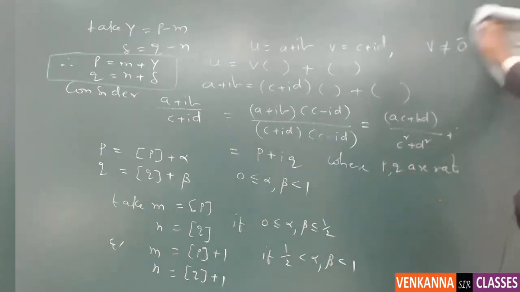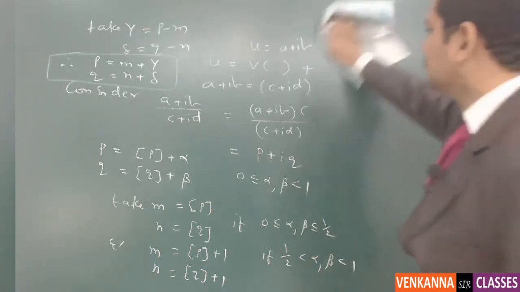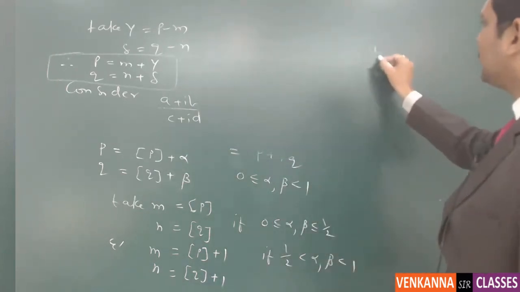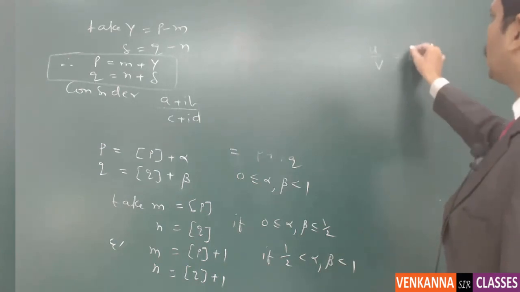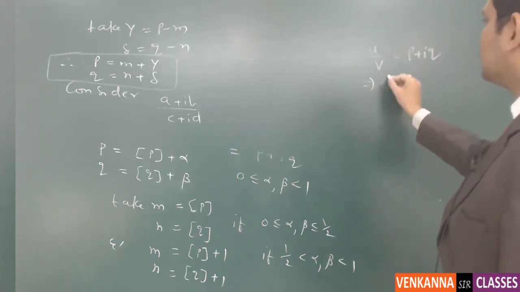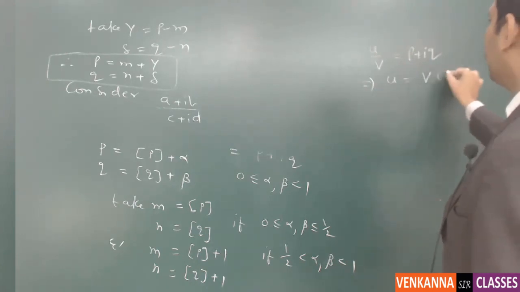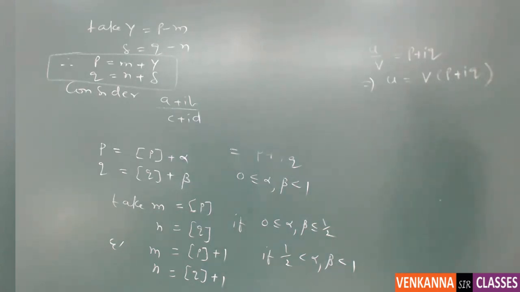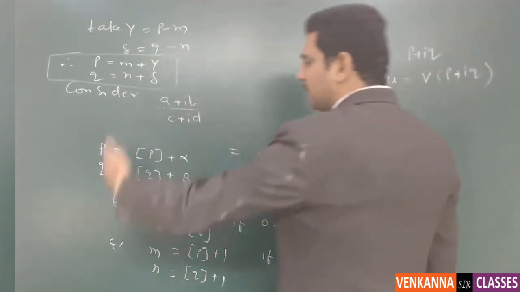This implies u = v into (p + iq). Here my intention is to represent p and q using integers. For that I have done this type of construction here.